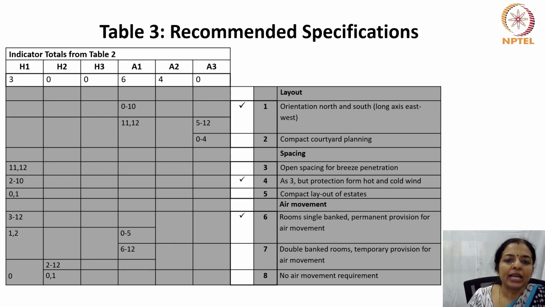So here the recommended specification comes out to be in terms of layout, in terms of spacing, in terms of air movement. It says that the orientation should be north and south, long axis along east and west, and the spacing of building should be open spacing for breeze penetration, but there must be protection from hot and cold wind. Also it says that for air movement, rooms should be single bank with permanent provision for air movement.